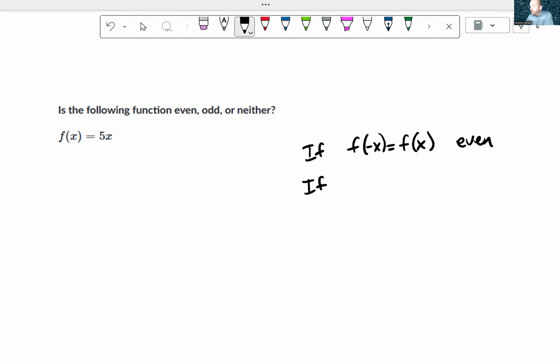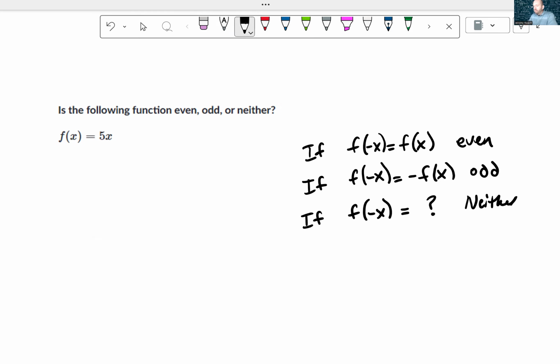If f of negative x is equal to negative f of x, then our function is odd. And if we do f of negative x and we get something random, like some of it became negative, some of the function became positive, then it's neither.